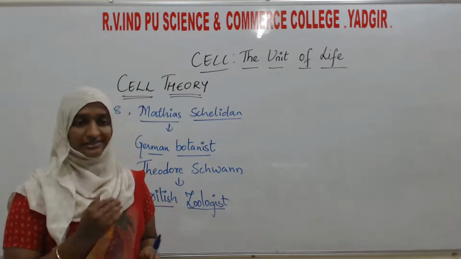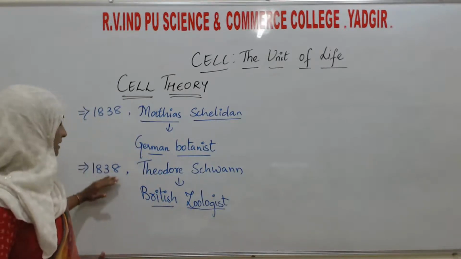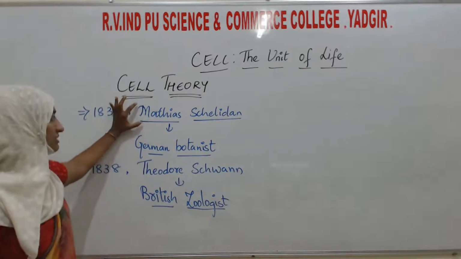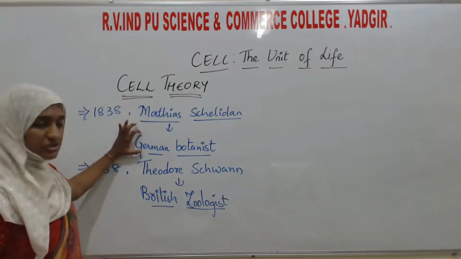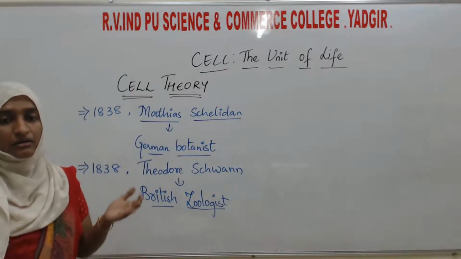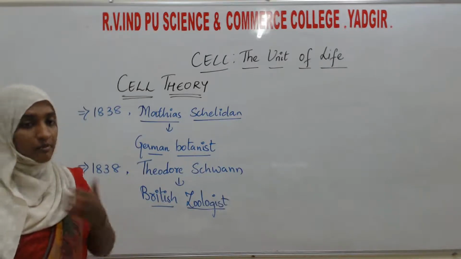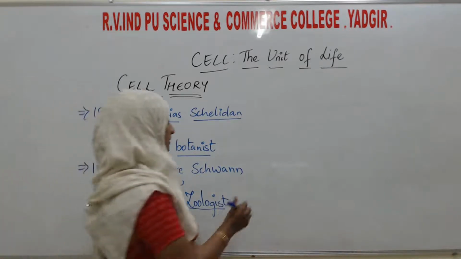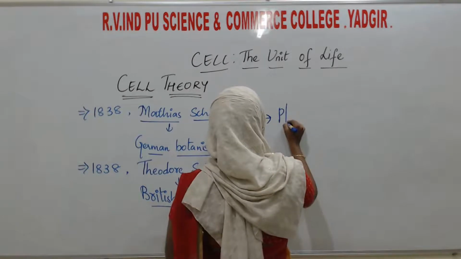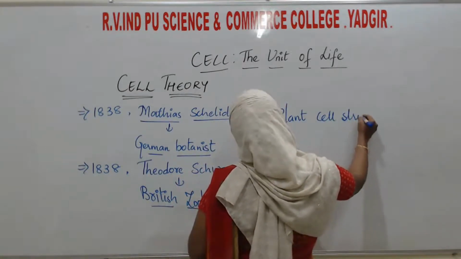In the same year, 1838, Matthias Schleiden, a German botanist, studied and discovered the plant cell structure.